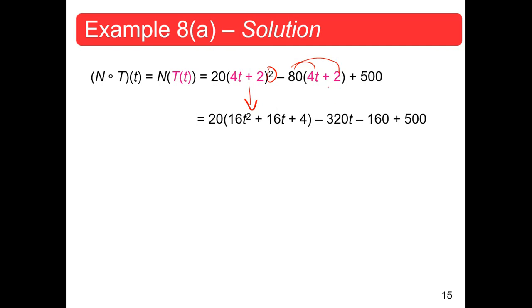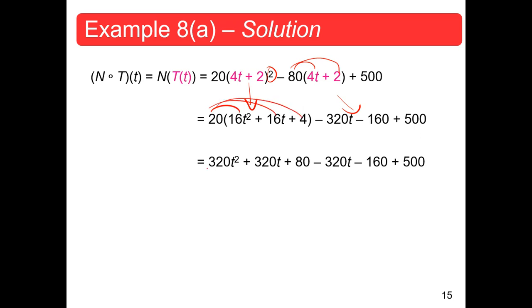And that's what became here. And then distributing this is here. And finally, adding like terms. So there's nothing that goes with 320t squared, but the 320t here cancels out. And then if you add these together, you get 420.